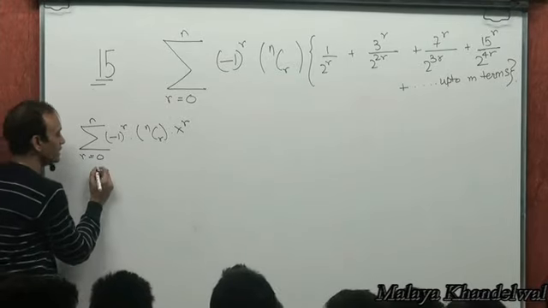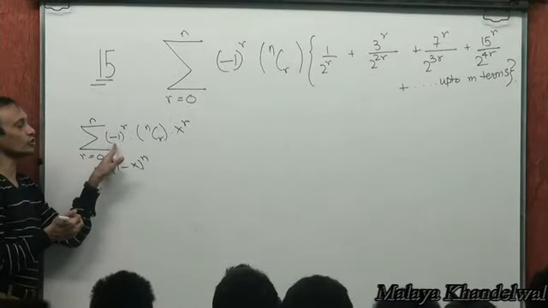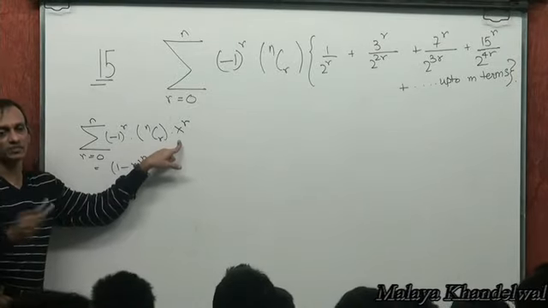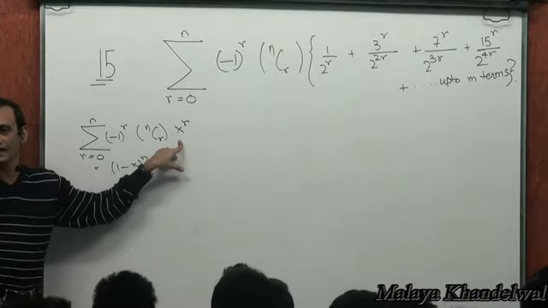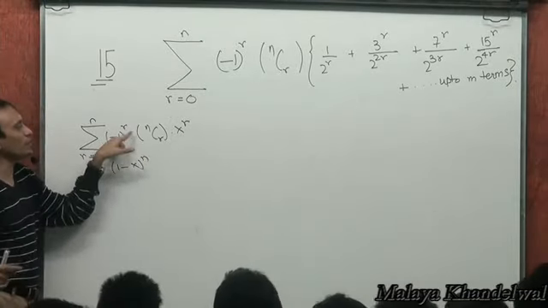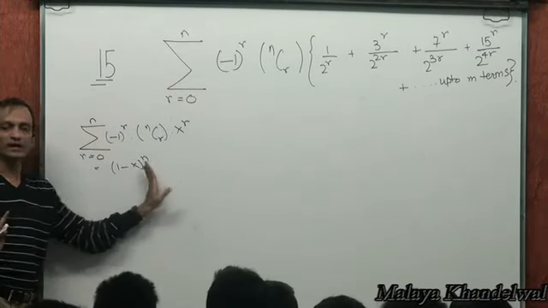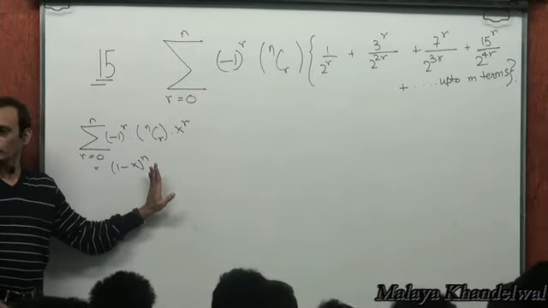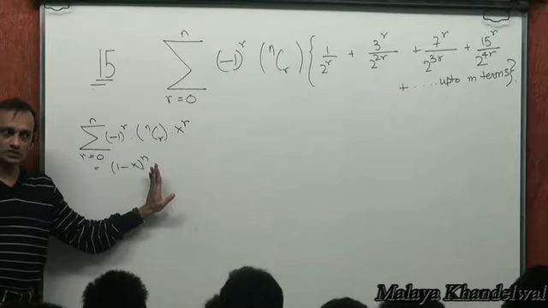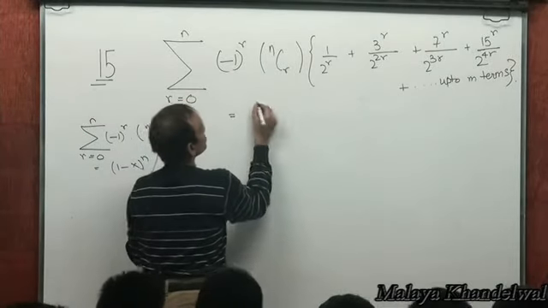Put r equal to 0, 1, then minus nC1 x plus nC2 x squared minus nC3 x cube. That's the kind of terms we are going to get. So minus 1 to power r NCR x power r is 1 minus x to power n. Clear? Then we break it up into several summations.